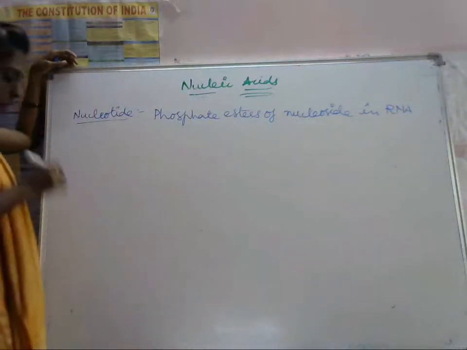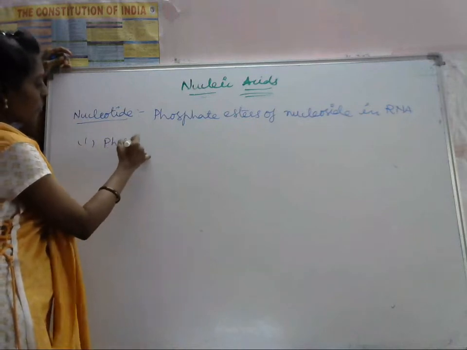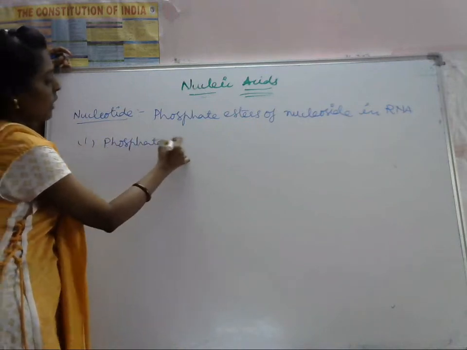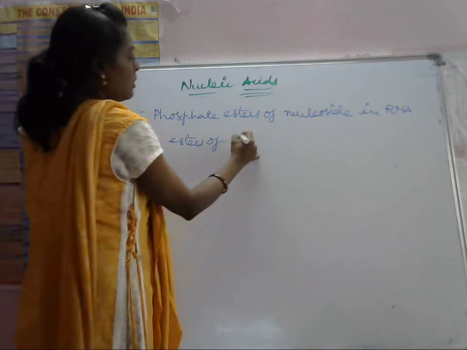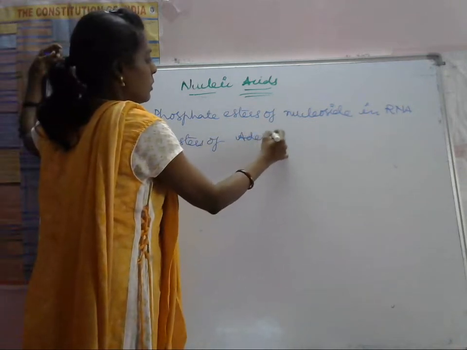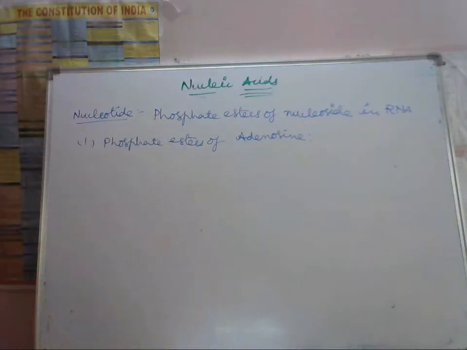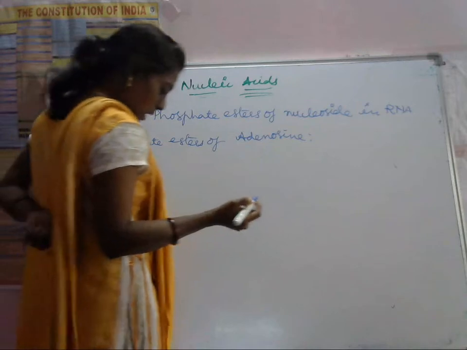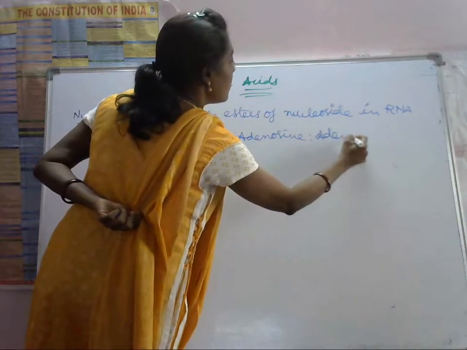Okay, RNA. So here, the phosphate ester of adenosine is called adenylate acid.